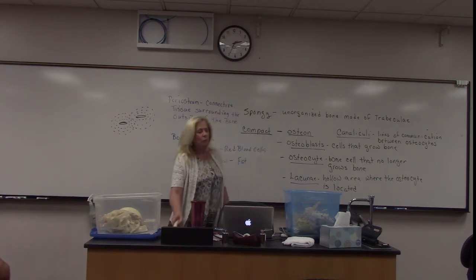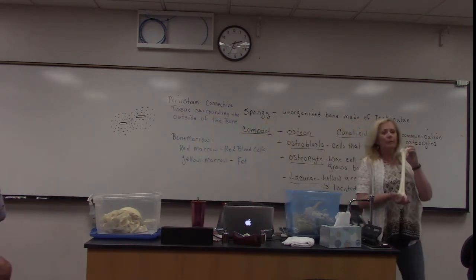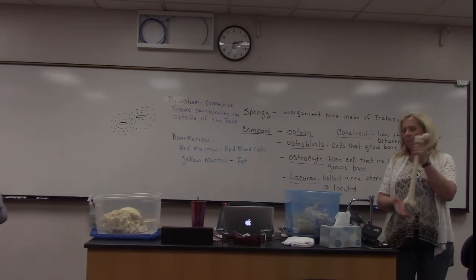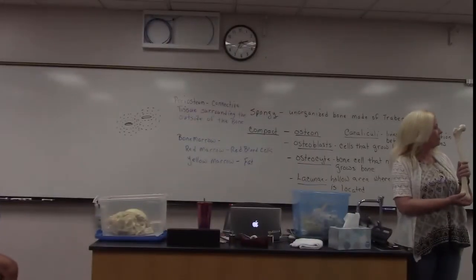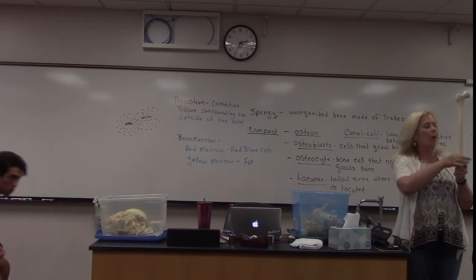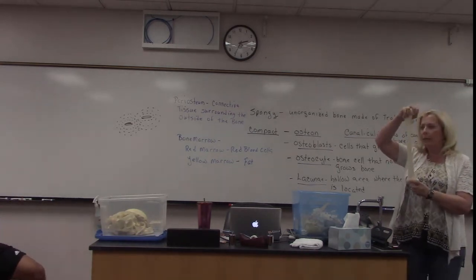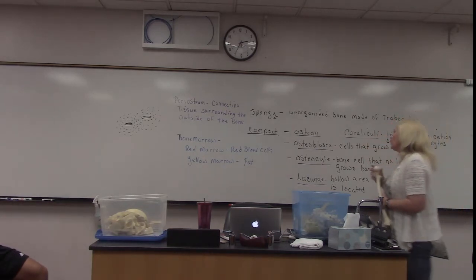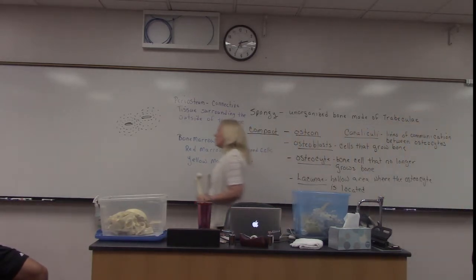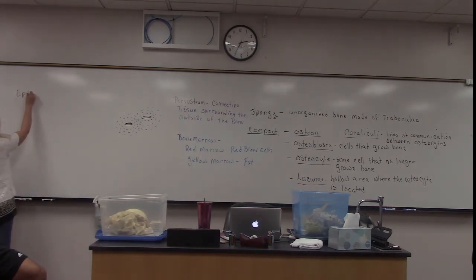So now, when you're looking at bone, it's really important to be able to tell one side of the bone from the other. But we also label what we would call the long part, which is the shaft of the bone, versus the ends of the bone. So I want you to know that the ends of these long bones are called the epiphysis.